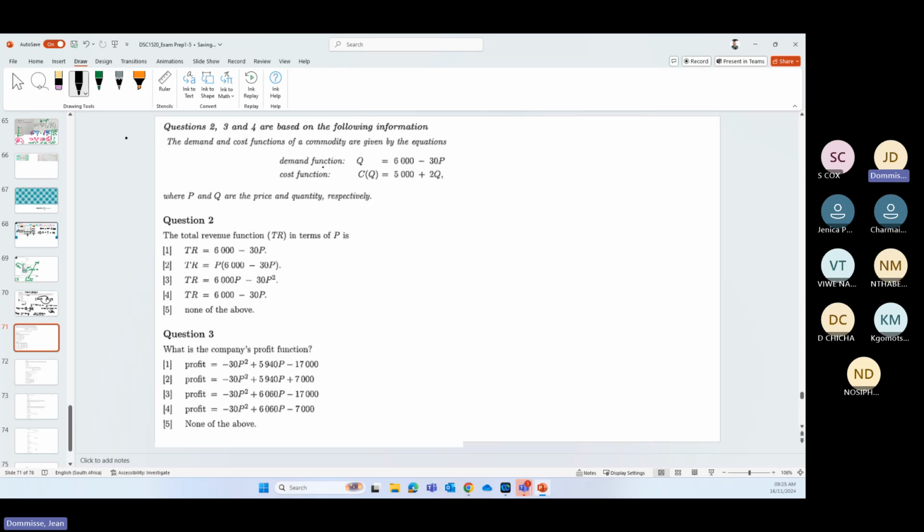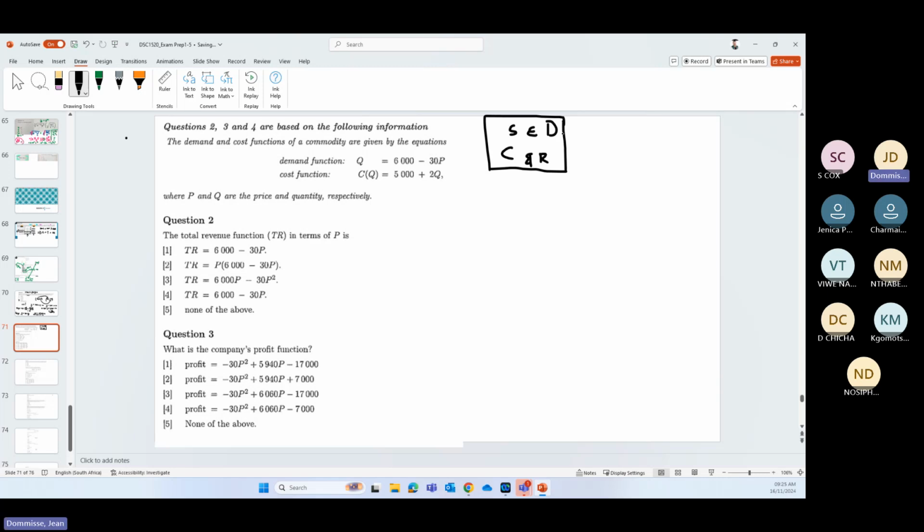Okay, so what we normally work with is supply and demand, and cost and revenue. And so that's normally how we would get questions, is they will normally give us a cost and revenue. We need to work out profit.